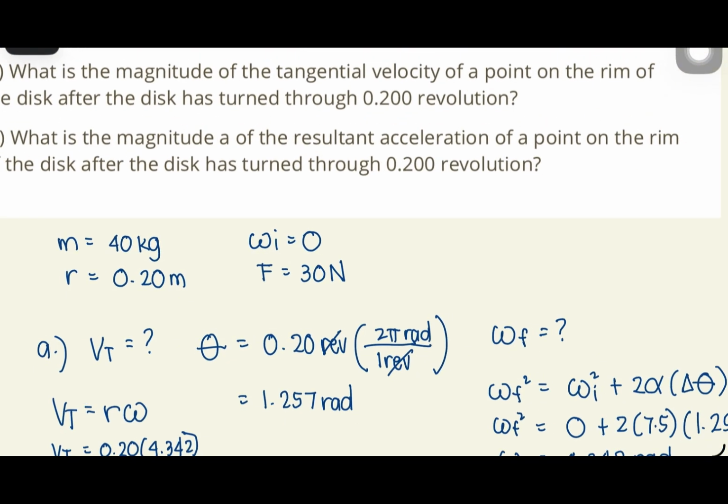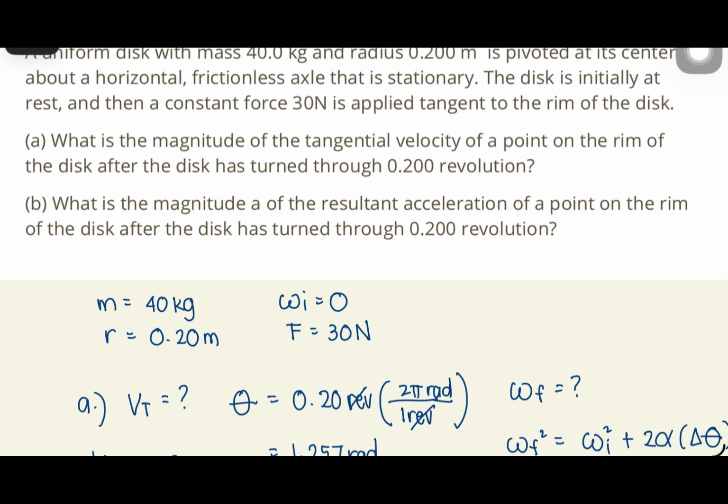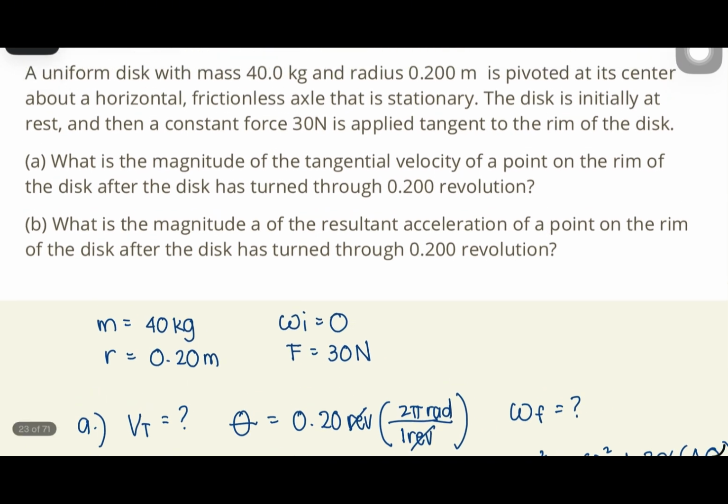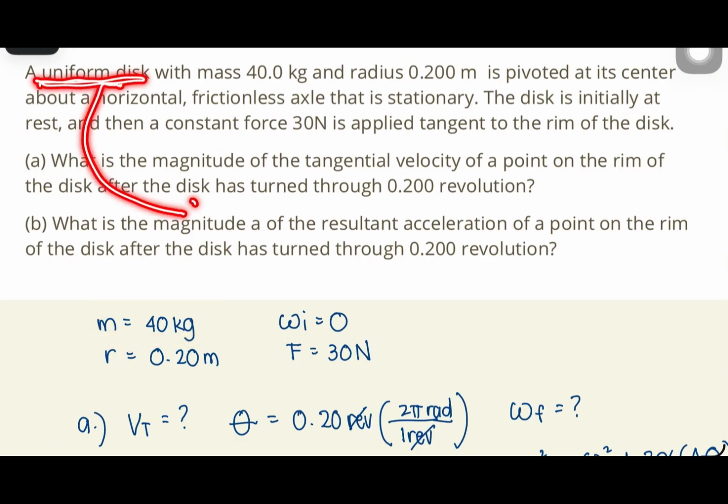Okay, let's check the solution for this item. These are the known variables or the given variables. So we have the mass of the uniform disk. So makikita natin yung keyword dito, uniform. So solid object siya. Pag solid yung object, yung I na gagamitin is 1/2 mr squared. So tandaan nyo na po yan.